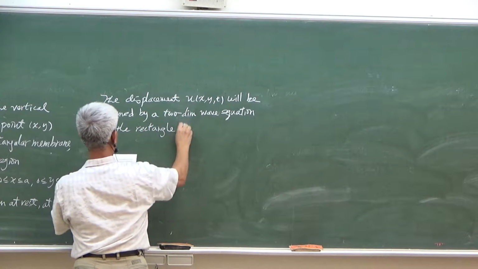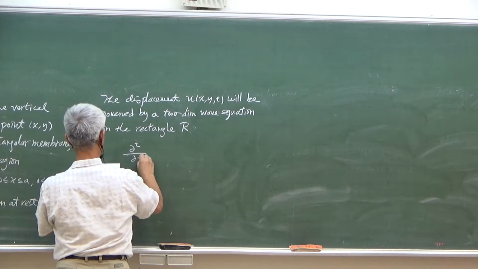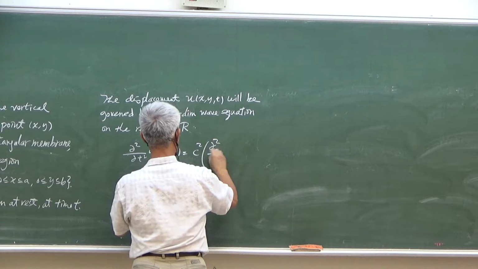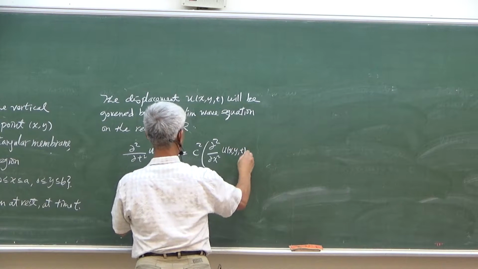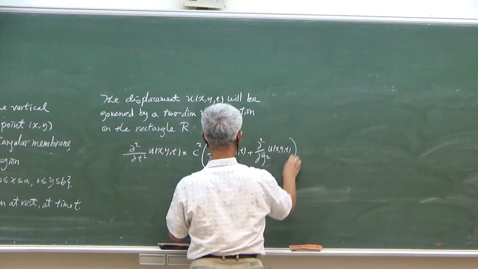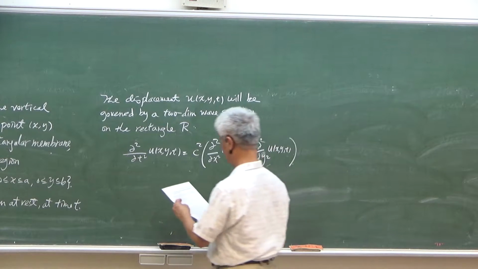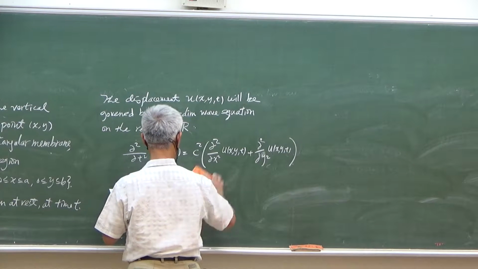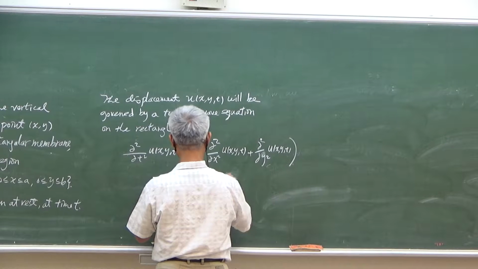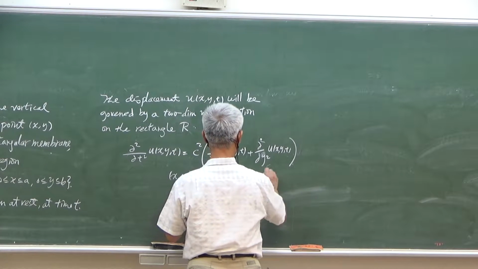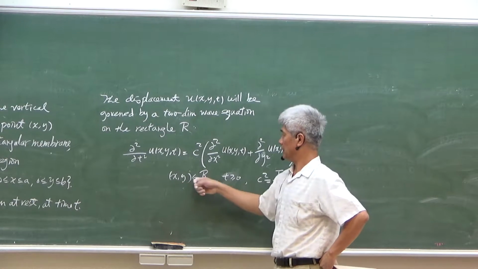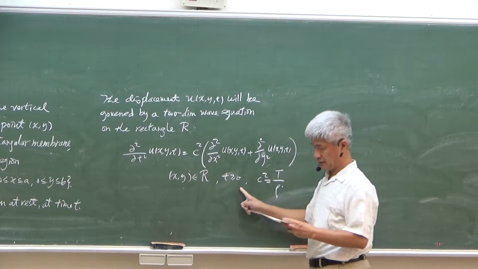So this two-dimensional wave equation is valid for all points in the rectangle and for t greater than or equal to 0.